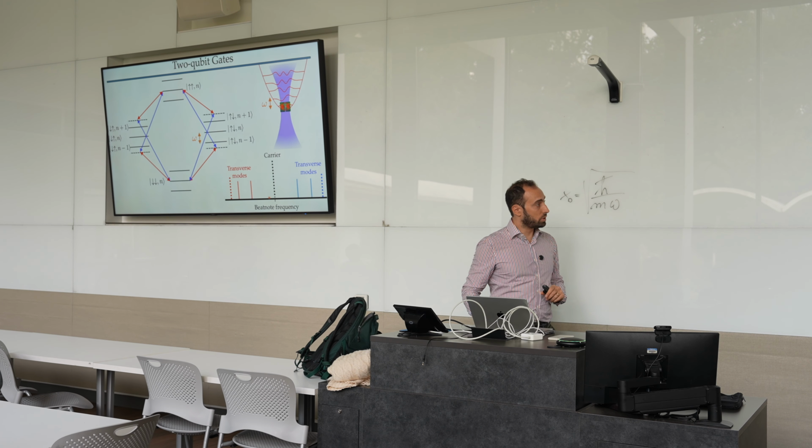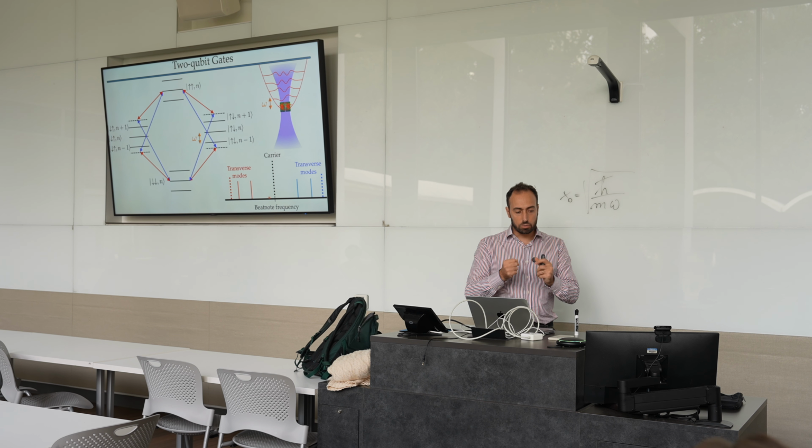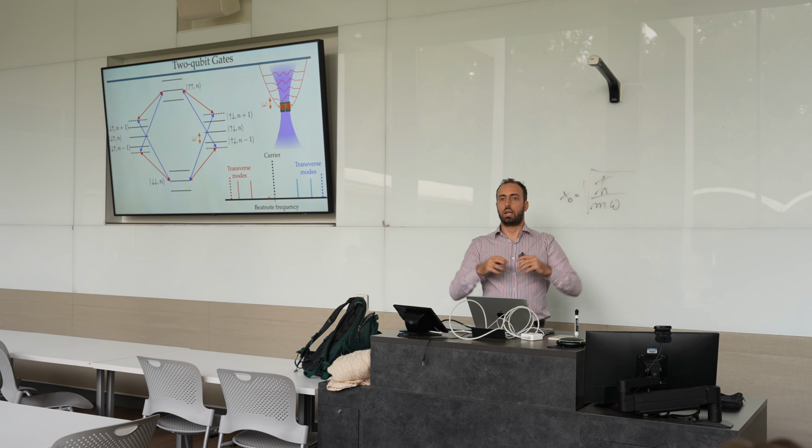Now, just to give you an idea of how you do entanglement using these two. If you have both red and blue sidebands, say that you have two ions. The cool thing about ions is that they interact with Coulomb interaction, and these modes are really, as you saw before, delocalized. So you can say, I'm going to talk to only one mode, and every mode actually talks to all the ions with certain amplitudes.